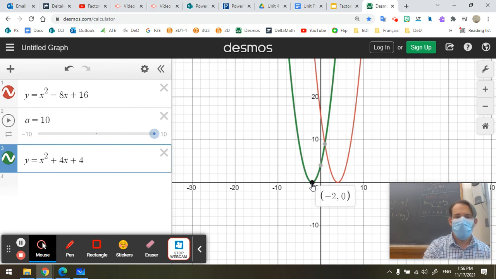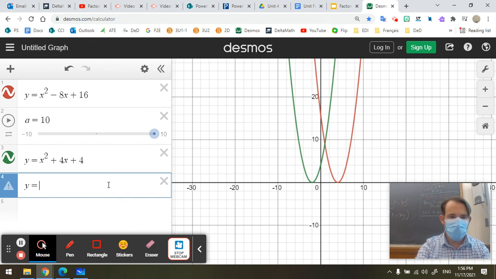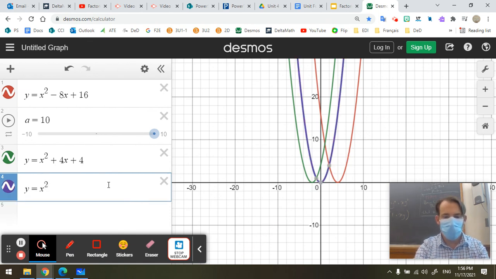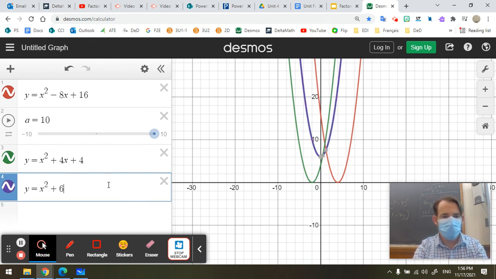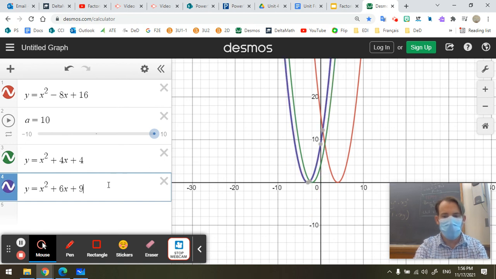Let's do (x plus 3) squared. y equals x squared plus 6x plus 9. There, that's at negative 3, because this would be (x plus 3) squared. And you can build more. They will always have their vertex along the x-axis.